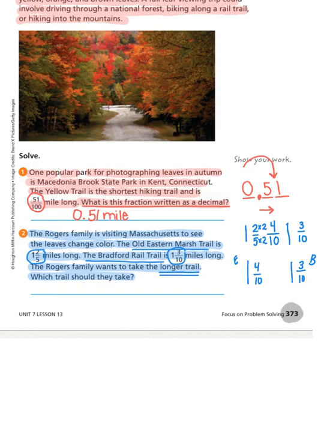So I know when my denominator is the same, I want more slices. So I know that 4/10 is greater than 3/10, which means I would want to take the Old Eastern Marsh Trail.